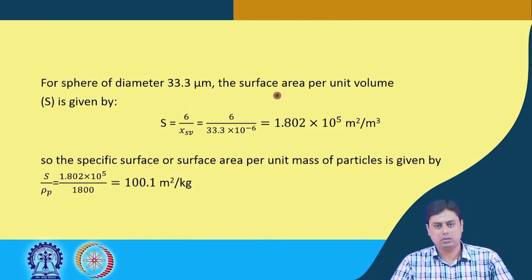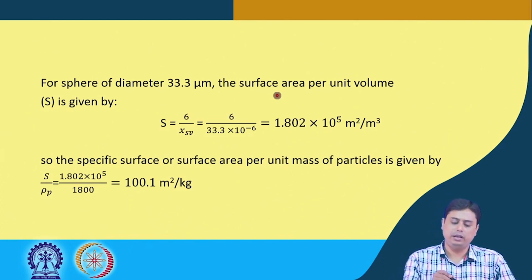It is 4 pi r square divided by the volume, 4/3 pi r cube. If you simplify that expression, it comes out to be 3 by r, where r is the radius of the spherical particle, which means 6 by d, or 6 by the diameter, here the surface mean diameter.